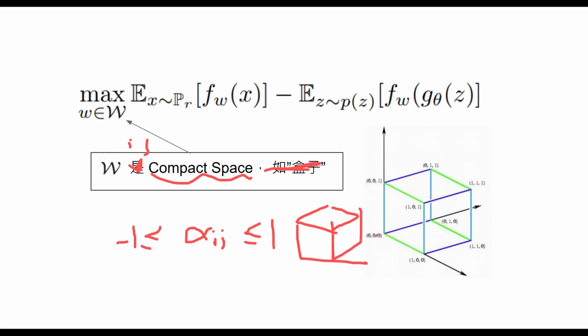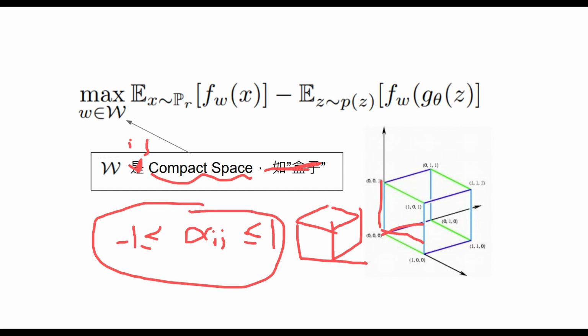If we have 3 parameters, it's in a cube, but we have a really high dimensional parameter space, so it is actually in a hypercube. But no matter what, we should put everything in a range. A mathematical theorem states that if everything is in a compact space, then it has a maximum.